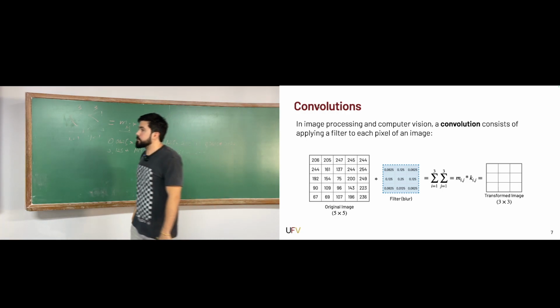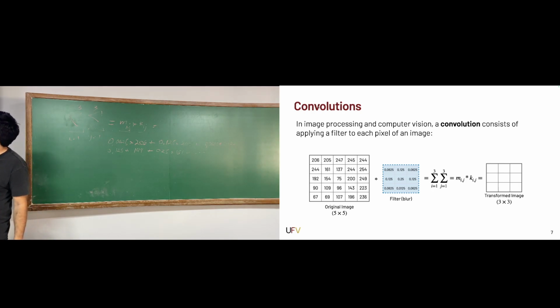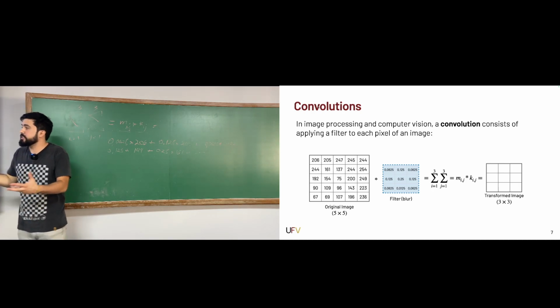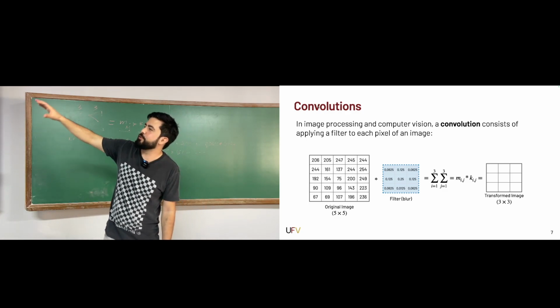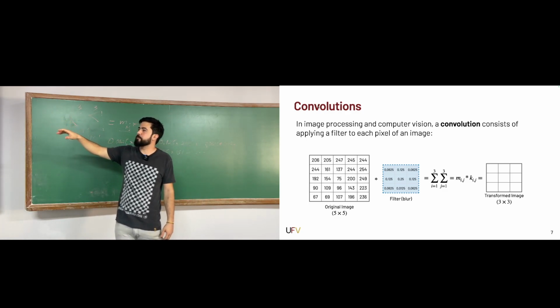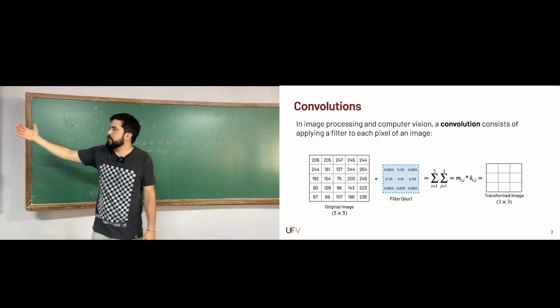of your image. So we have this 5x5 original image, and you have this 3x3 filter here. These are just examples, right? 5x5 is a very small image. But again, those values you see there in the original image, they are pixel values. And the values in the filter, they are weights.